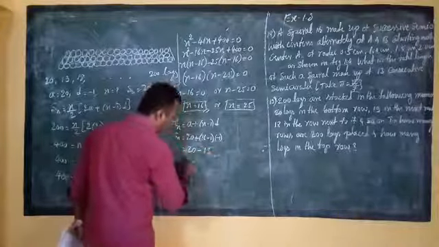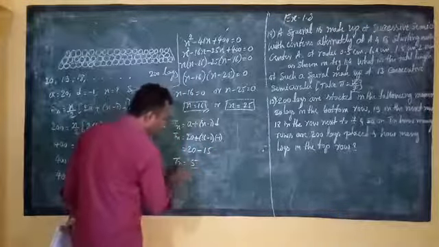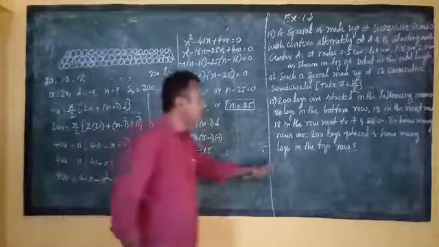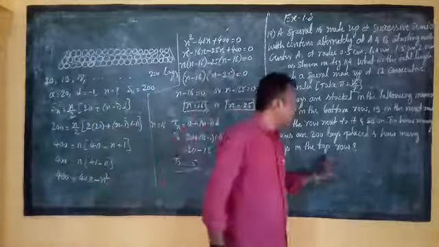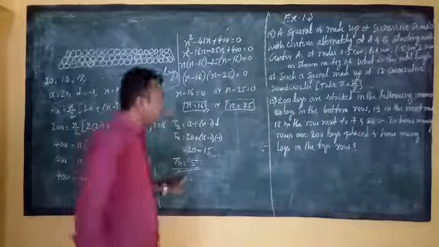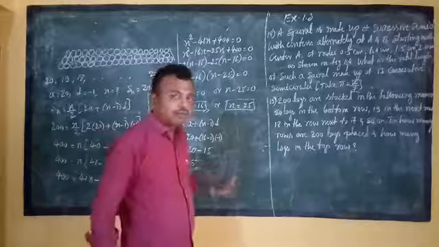So 20 minus 15 is 5. So there are 5 logs in the top row.